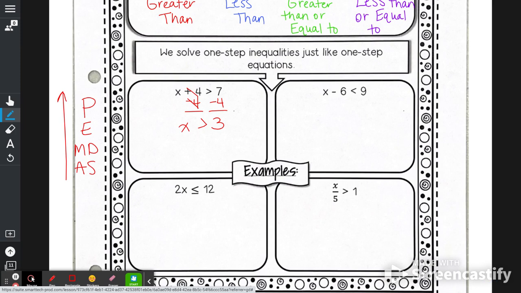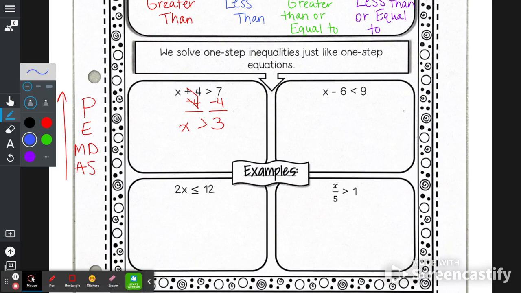Does that mean that x can be 4? Yes. Does that mean x can be 10? Yes. Does that mean x can be 20? Yes. Let's double check it. Let's find any number that's greater than 3. Let's do 4, and we're going to plug it in here.